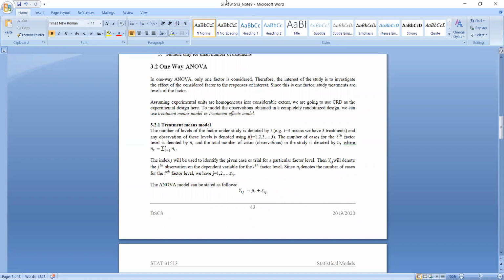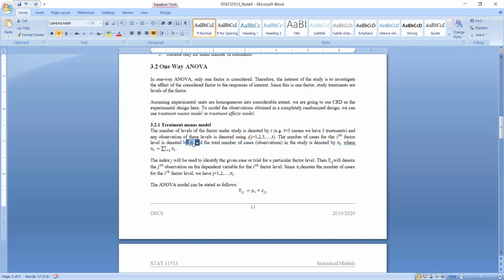If you take the Tth treatment, you have NT number of observations. Sorry, this is the total number of observations. So when you take the ith treatment, you have Ni number of observations.